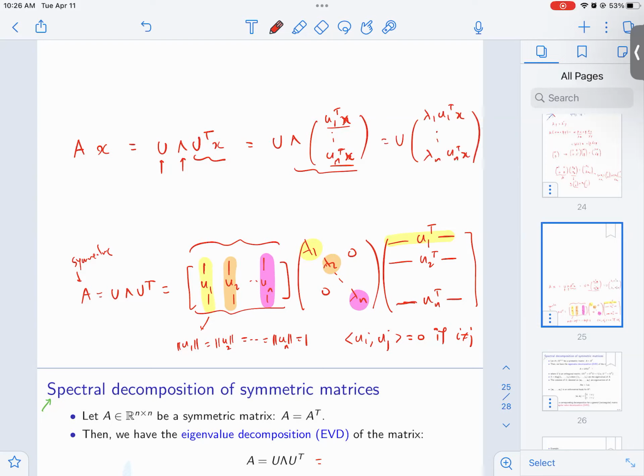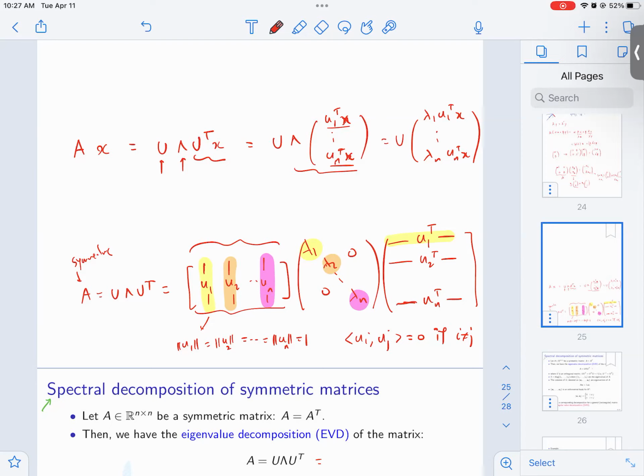If you remember, if I have a vector and I multiply on the left by U, I'm just going to form a linear combination of the columns of U with these coefficients. So what it does is it finds the components of X along these vectors, rescales them by the eigenvalues, and then uses those new coordinates as coefficients in this basis to construct the result.